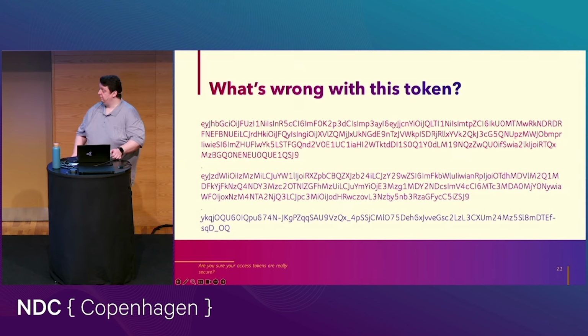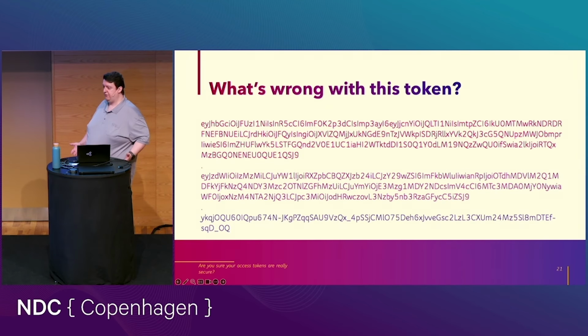Now, this time, we can clearly see there is a signature. So at first glance, there's nothing wrong. Let's put this token next to another token that should have been accepted. And I took only the header, because I already know what's going on, of course.